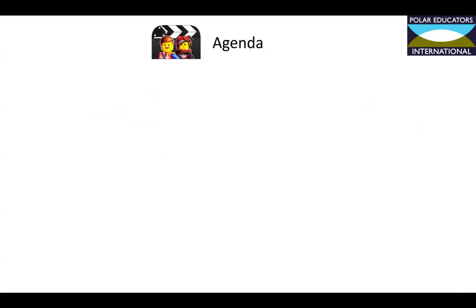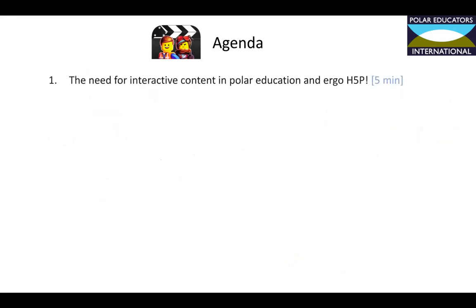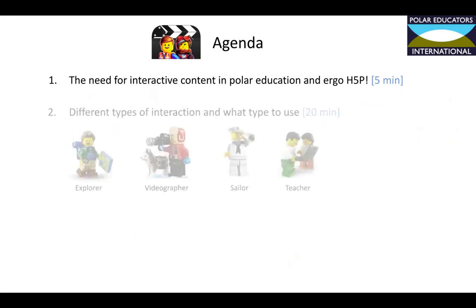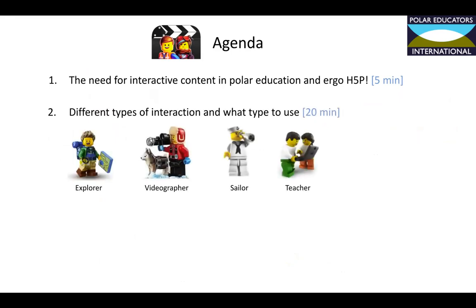The first aspect is to make people aware of what we would go through in the content: what is the need for interactive content in polar education. I think this is where there's an opportunity to highlight why H5P, or HTML5 package, works. Different educators and researchers want to showcase their content in different forms.